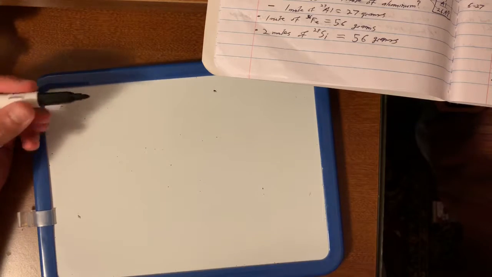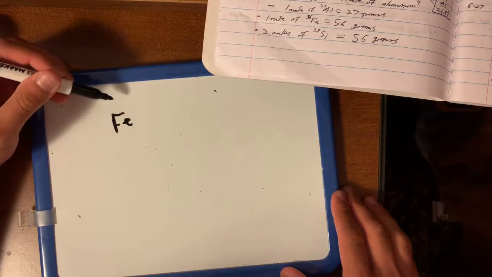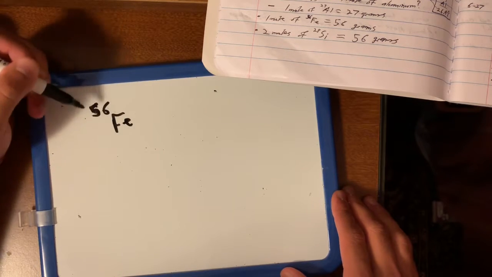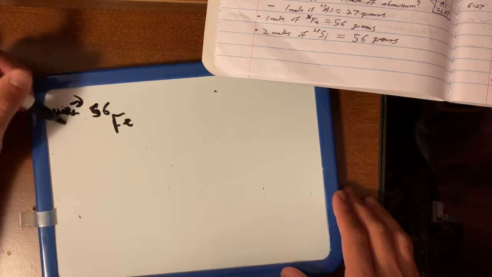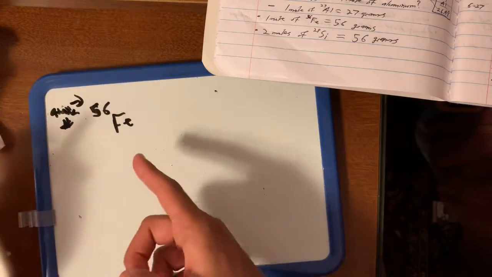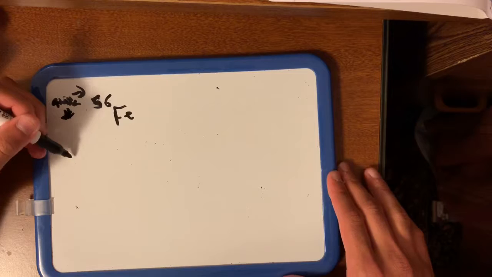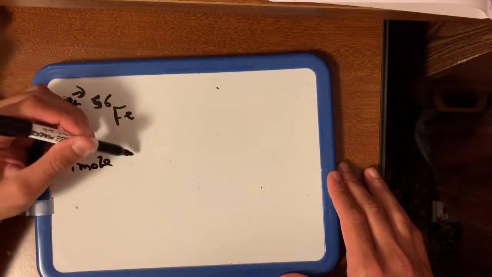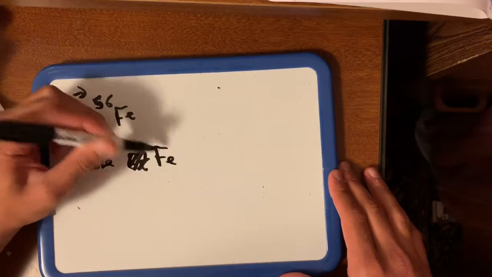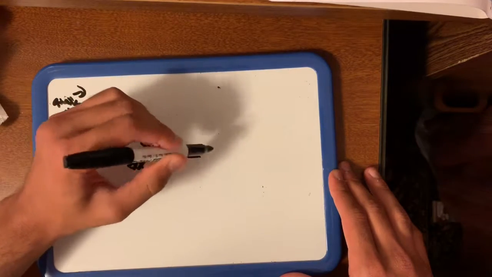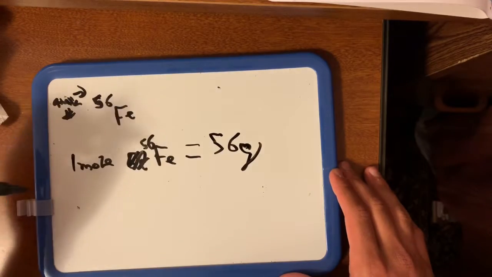And let's say you had iron. Iron 56. And remember, this number is just the atomic mass of that atom of iron. So 1 mole of iron 56 will have a mass of 56 grams.